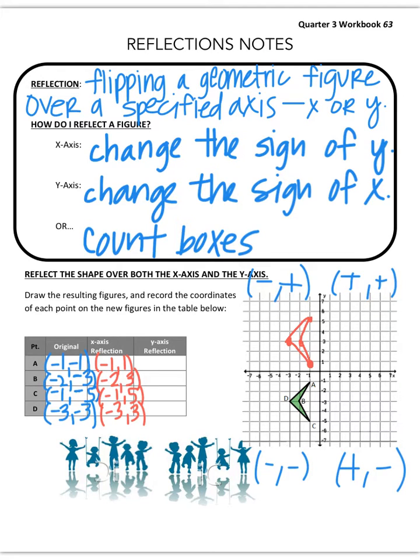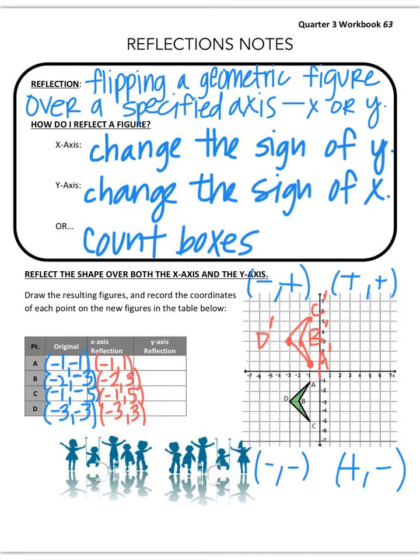So A was at negative 1, so A prime, and we show a prime by putting this apostrophe, is at negative 1, 1. B prime will be at negative 2, positive 3. C prime will be at negative 1, positive 5. And D prime is negative 3, positive 3.